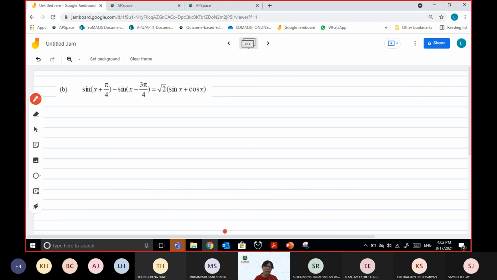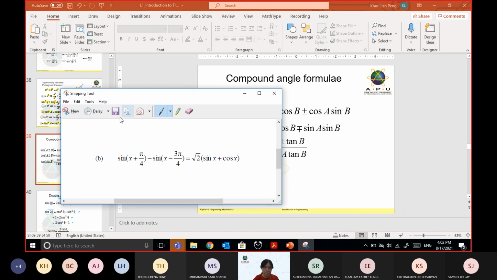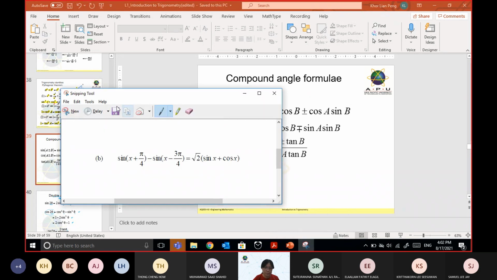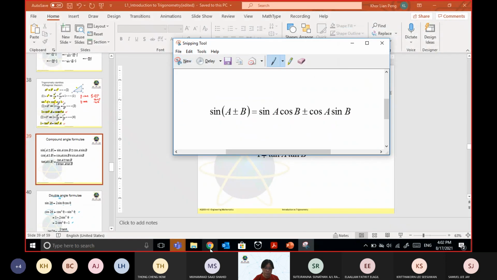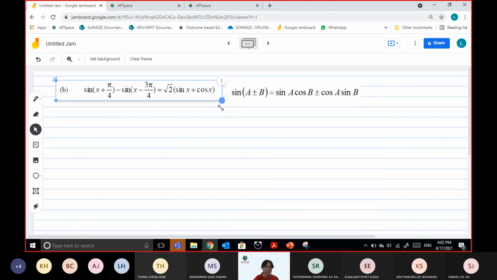So next question, you can use the same things as well. Again, for this question, we can use the same formula.